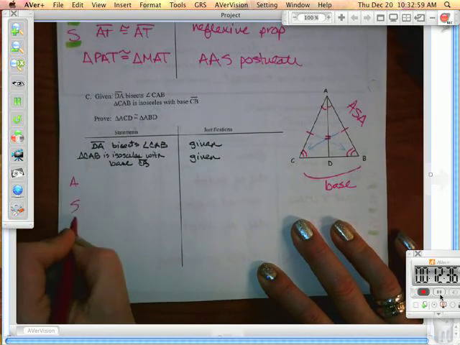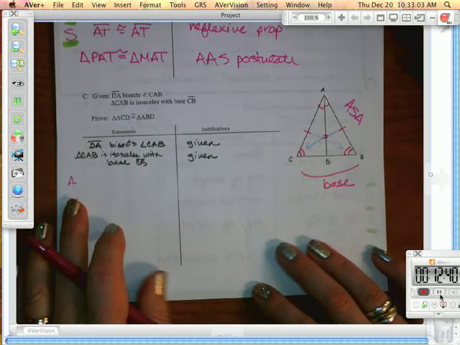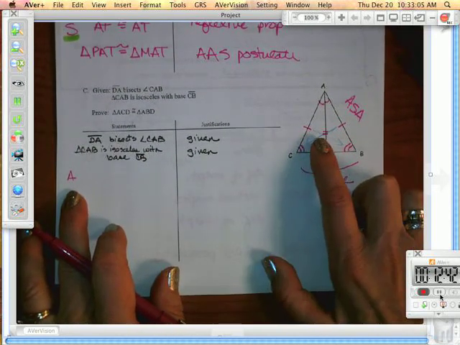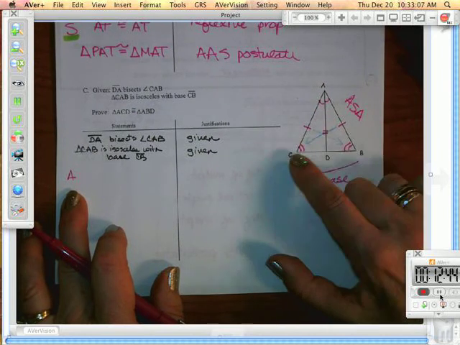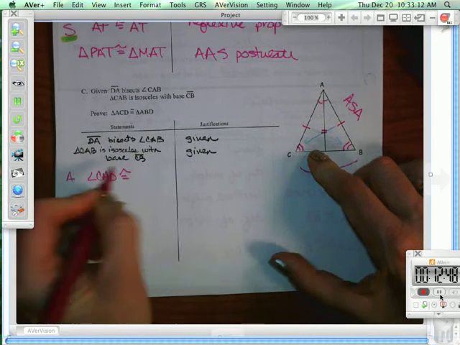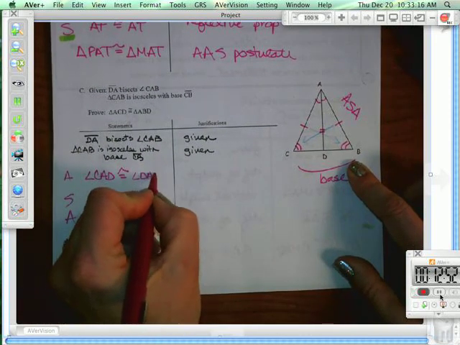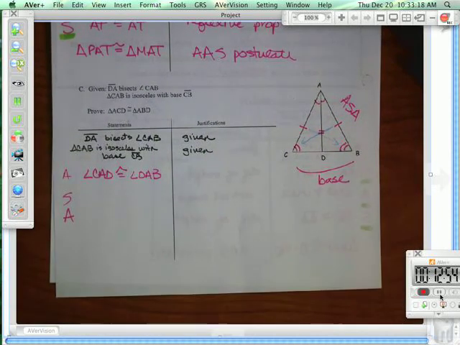ASA. I'm going to let you do one on your own next time. So, let's prove the first angle. I'm going to say angle CAD is congruent to angle DAB. How did I decide that these were congruent? Because of the bisector.